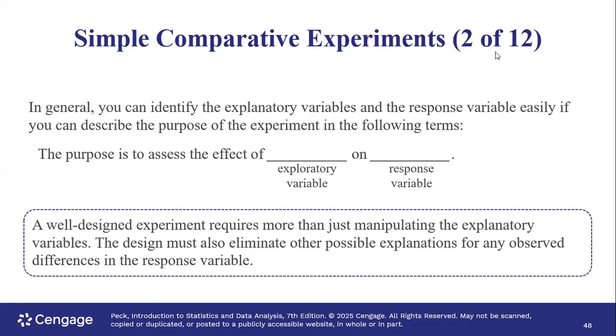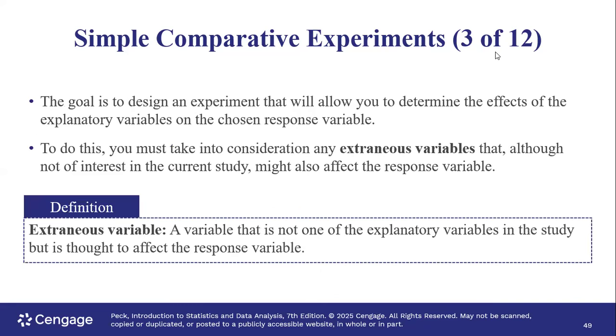In general, you can identify the explanatory variables and the response variable easily if you can describe the purpose of the experiment in the following terms. The purpose is to assess the effect of the new drug on the curing of the disease. So, explanatory variable, new drug, response variable, whether it cures the disease or not.